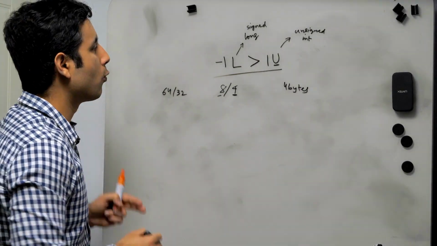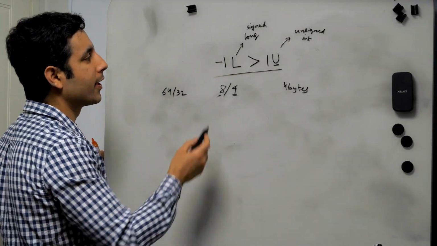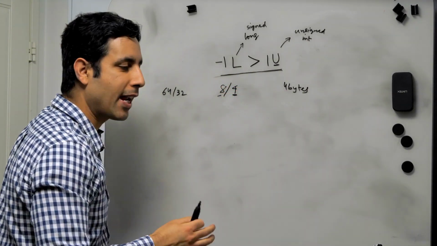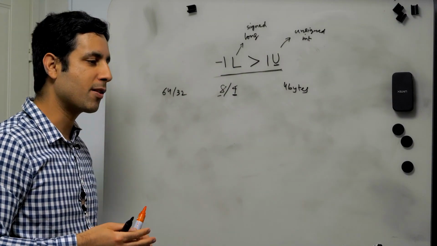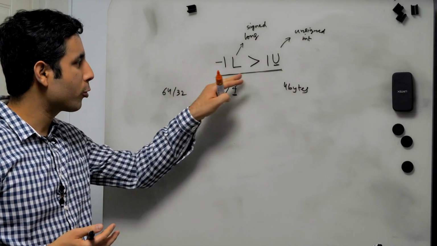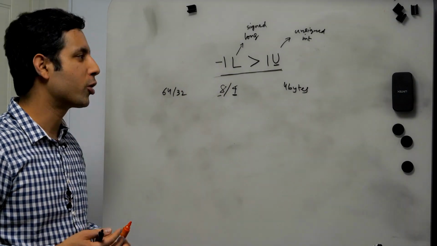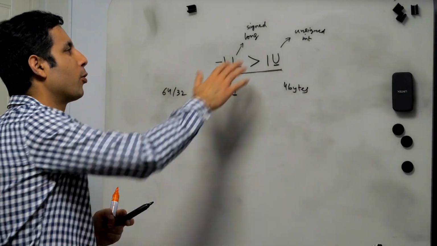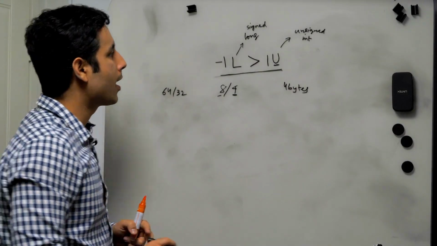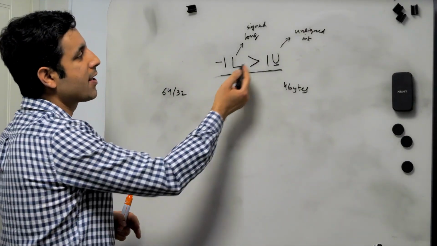Let's see what promotions are applied here. Before we can evaluate this, we need to apply C standard promotions and possibly usual arithmetic conversions. Now the default integer promotions won't apply here because both the data types are bigger than or equal to integer. Now let's see which one is bigger here.